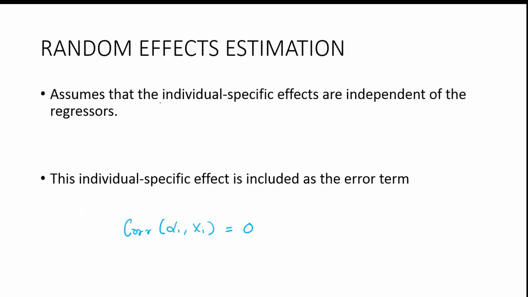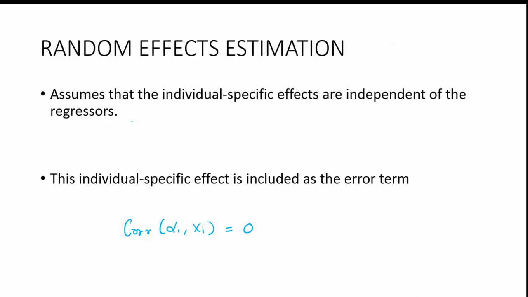The next and the last estimation technique that we'll be using, which is always compared with the fixed effect model, is the random effect estimation. And in panel data analysis, you will always be trying either fixed effect estimation or random effect estimation.